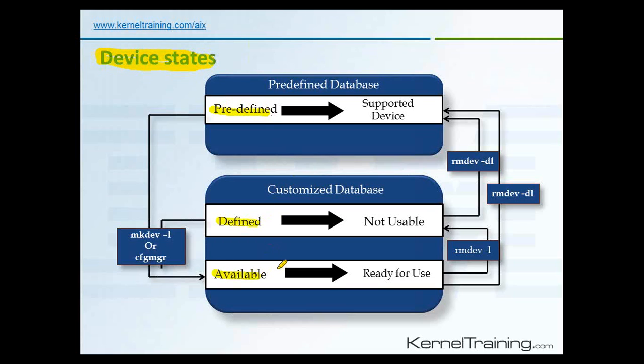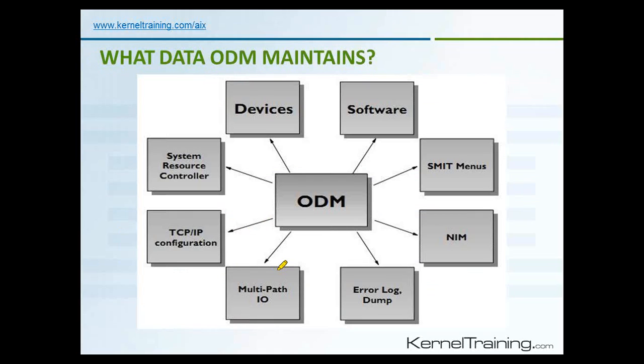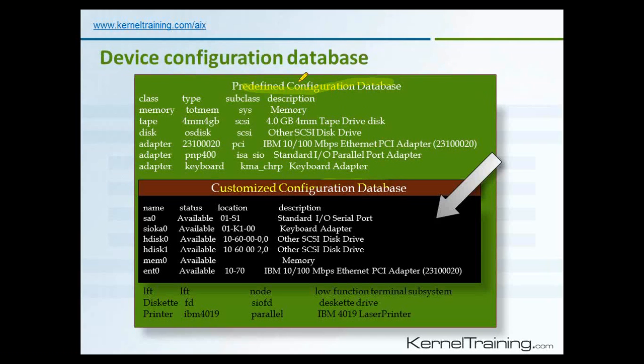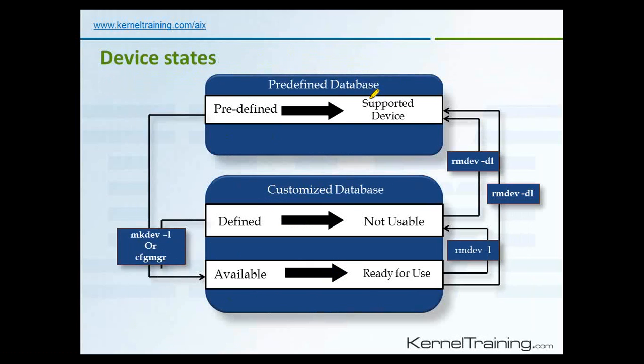As in the beginning we have seen, there are two types of configuration database: predefined configuration database and customized configuration database. In your predefined configuration database, you will only see the information about predefined devices. Predefined devices are nothing but supported devices, only the list of supported devices.